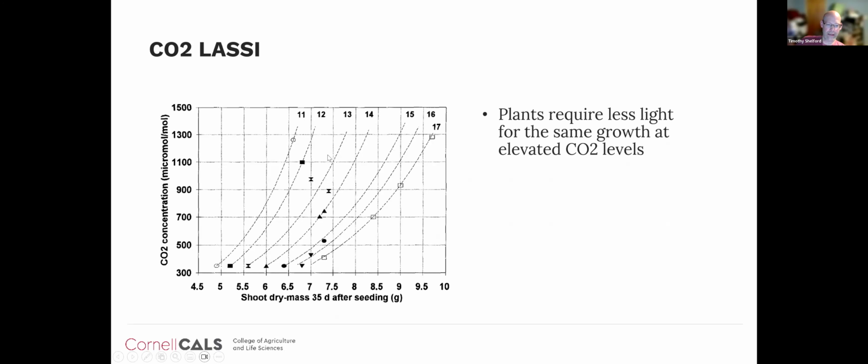We can see that at basically ambient CO2 concentrations in 17 moles, we get this level of growth. We can get roughly the same level of growth at higher CO2 concentrations and lower daily light integrals. So basically the CO2 is enhancing the light that we have.